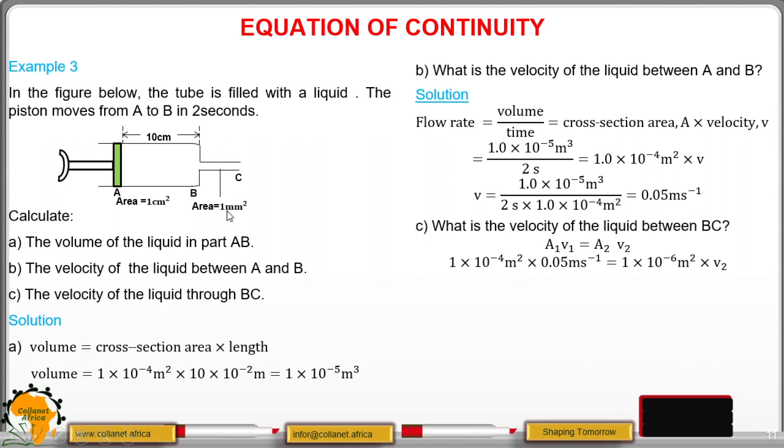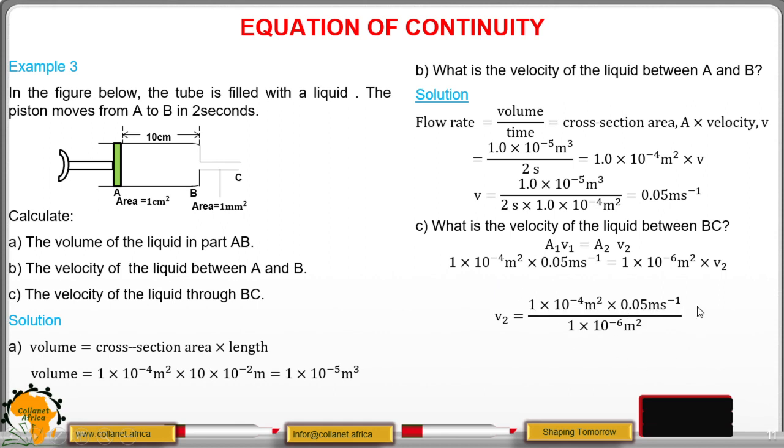You convert square millimeters into square meters, so that we'll have this value. So if I divide through by this value here on both sides, this is what I am going to get.